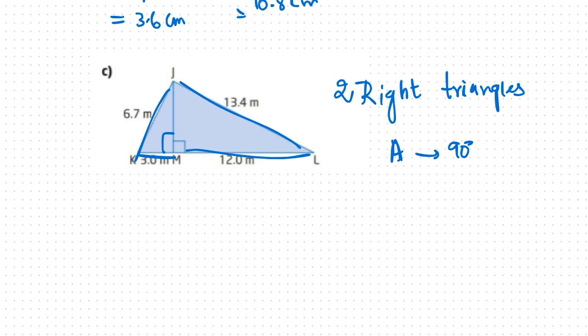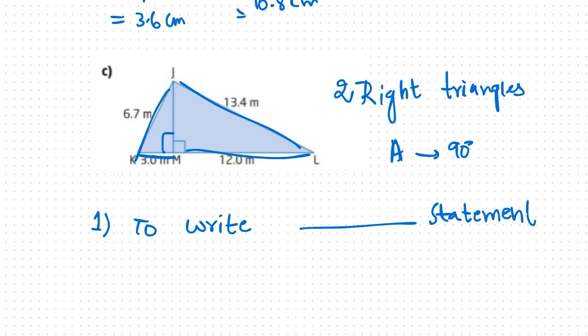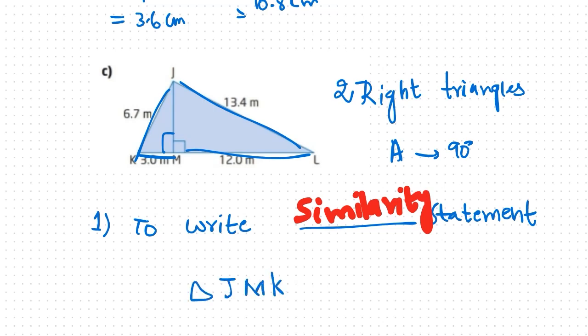Regarding similarity, the first step is to write the similarity statement. So let's assume that the left triangle, let's say JMK, is similar to what will be the order?